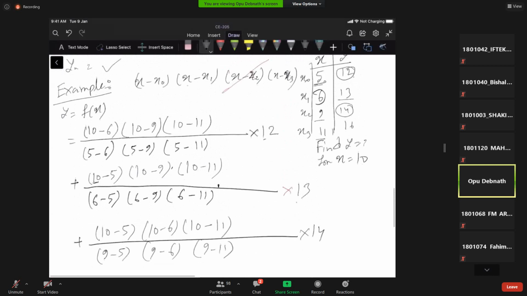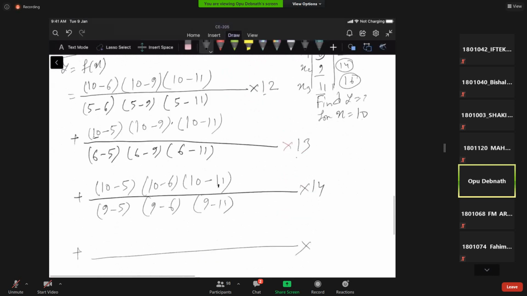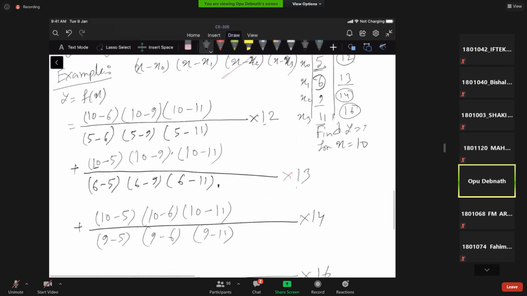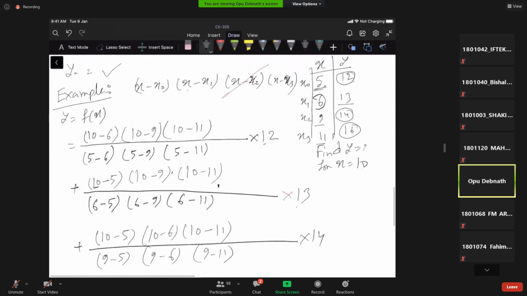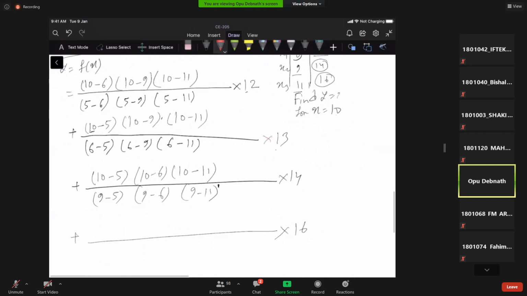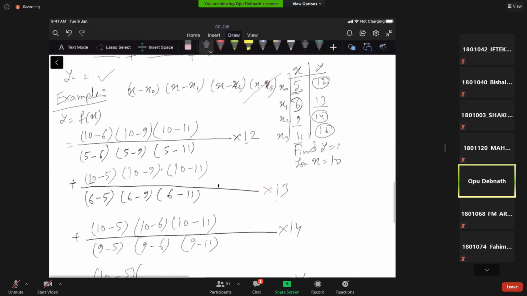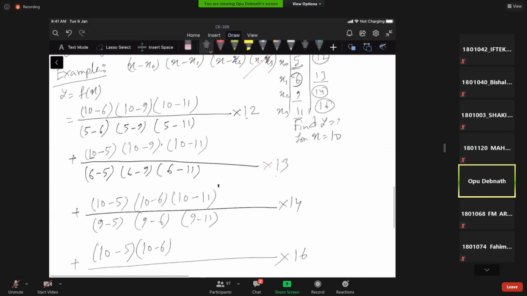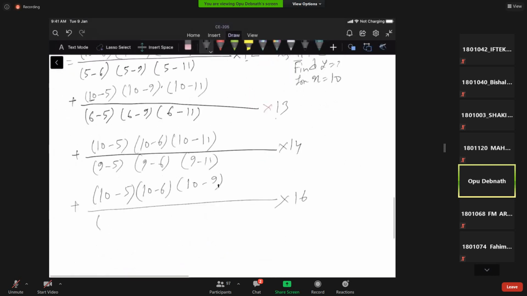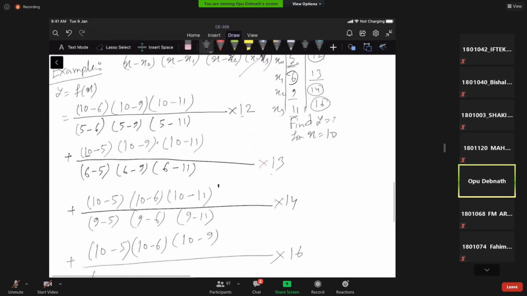Another term, this one will be for 16. So multiplied by 16, and for this term we will not use this one. That means x minus x3. So the value will be, sorry, simply 10 minus 5, 10 minus 6, 10 minus 9 up to this, and last corresponding x3 is 11.